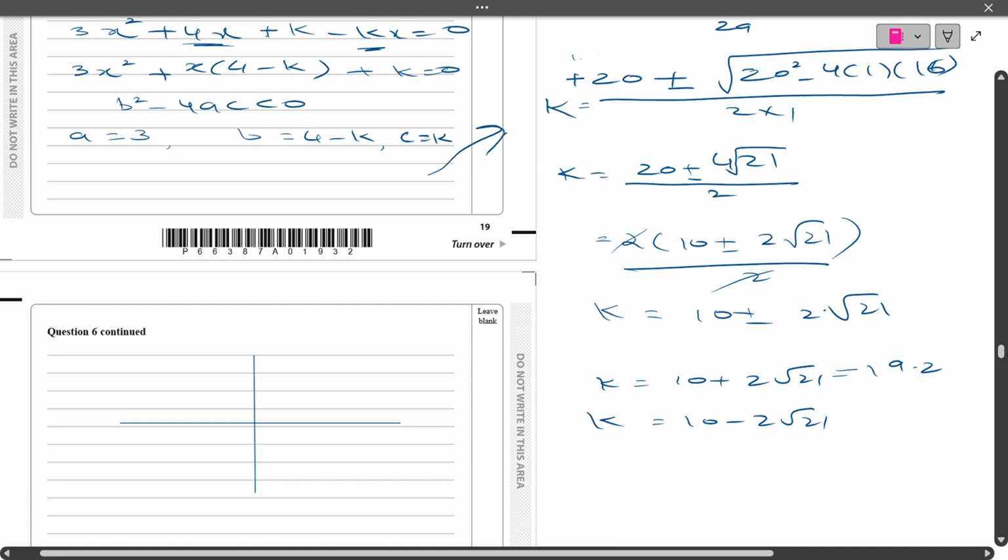Both are positive, 0.83. So I can draw a curve roughly something like that.